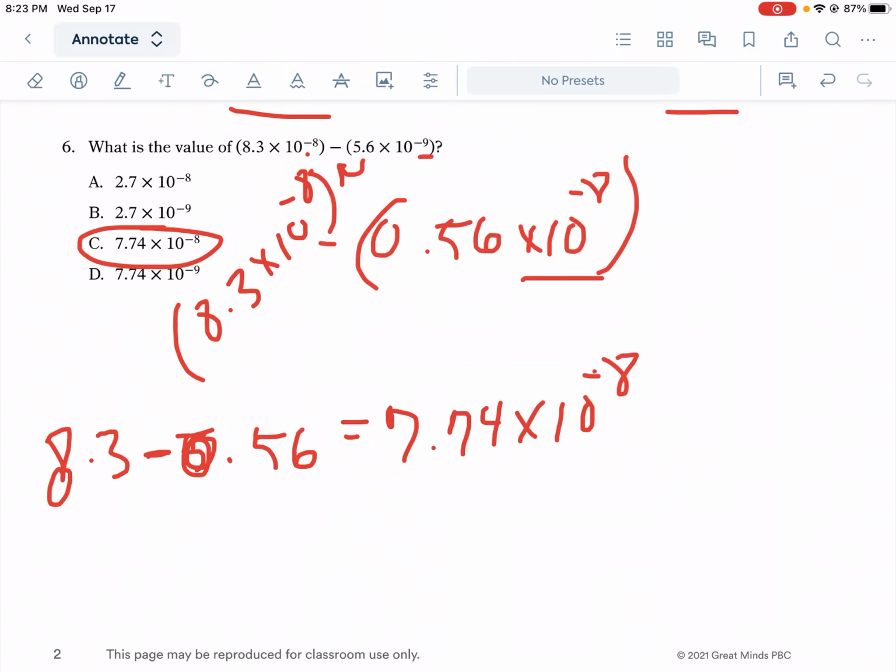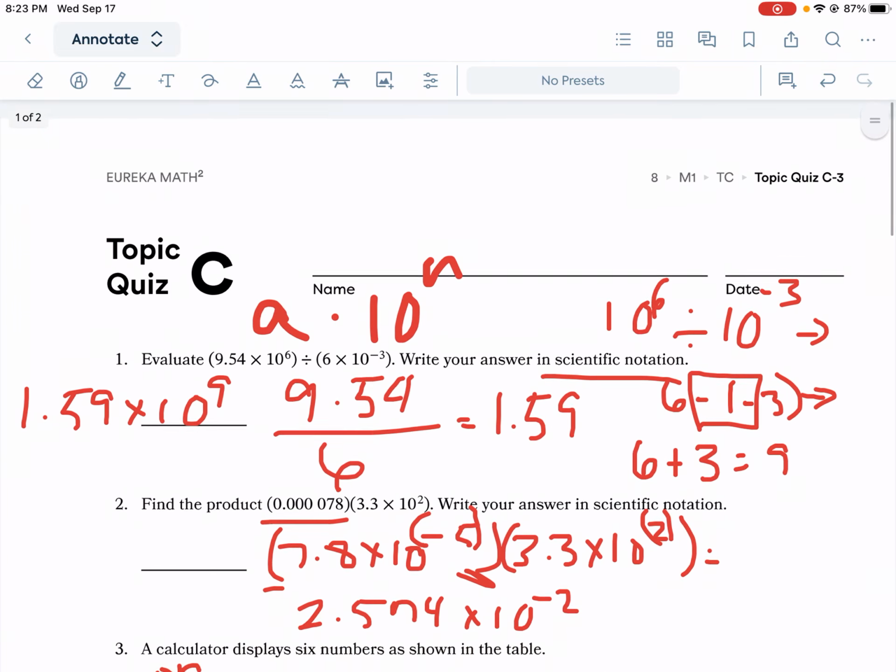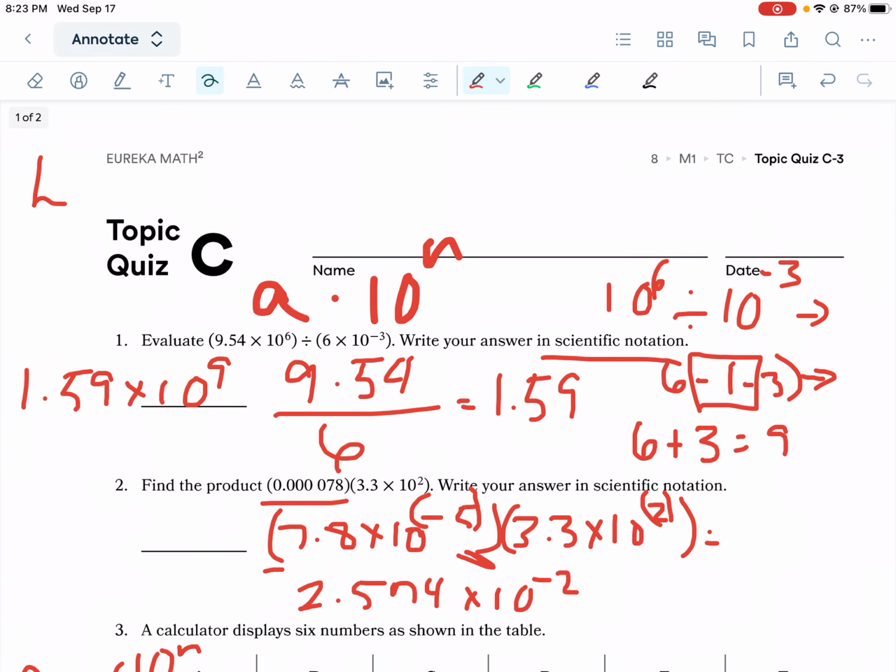For topic C, this was lessons 11 through 14. Topic B, which we're doing tomorrow, that was lessons 5 through 9. If you're going to review, make sure you review lessons 5 through 9 and then lessons 11 through 14.